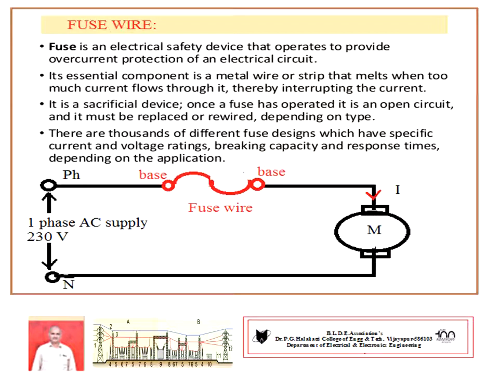You see there, fuse is an electrical safety device that provides protection for an electrical circuit or electrical appliances. It is always connected between the supply and the electrical appliances. For example, you see there a single phase AC supply is there. We are supplying this supply to a motor.